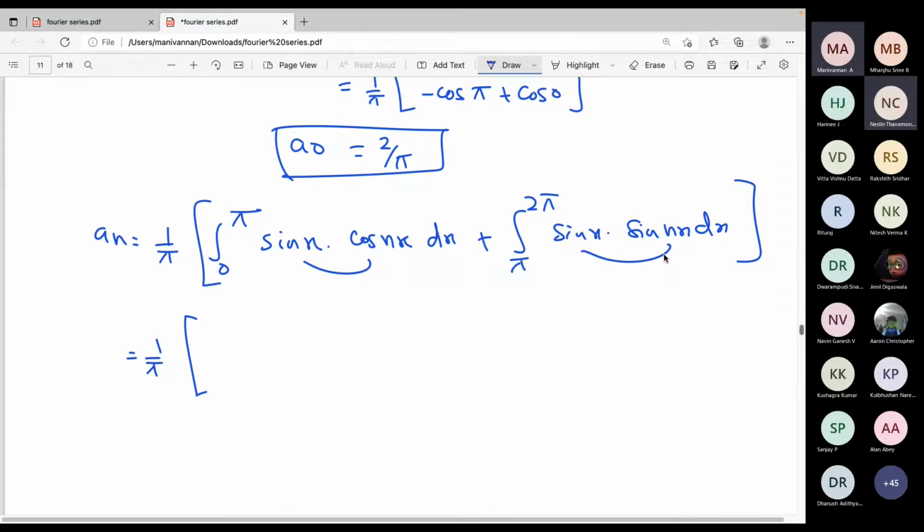A plus B, A minus B, cos or cosine? 1 by 2 into sine of A plus B plus sine of A minus B. So the product to sum formula we have that, right? Sin A cos B is 1 by 2 into sine of A plus B plus sine of A minus B. Let's check, otherwise the answer will be wrong.